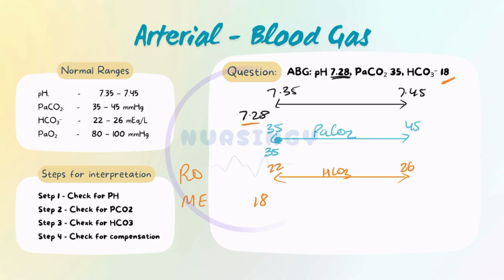Now the acidic value 7.28 and 18 are going on the same side, not on the opposite side. So this one is metabolic acidosis. Okay, uncompensated metabolic acidosis.